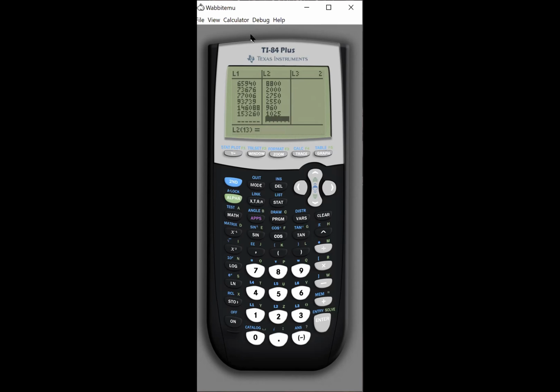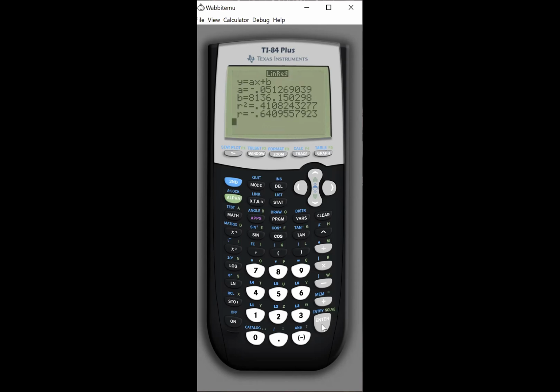All right, so you enter the whole data set in. Once you've entered it, you go to stats, go to calculate, and choose number 4, LinReg ax plus b. You put x as L1, y as L2, and then calculate.